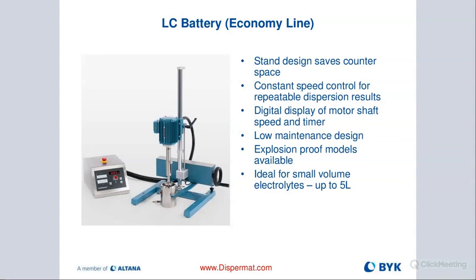Again, you have the modularity. You can attach a basket mill or a bead mill onto the same machine, and these are for smaller volumes. The display will not give you a lot, only the speed and the timer function on the LCD. So it's a pretty straightforward, small scale disperser. Again, 20,000 RPM for really high speeds, as well as the high tip speed that is needed to really get a slurry prepared properly.